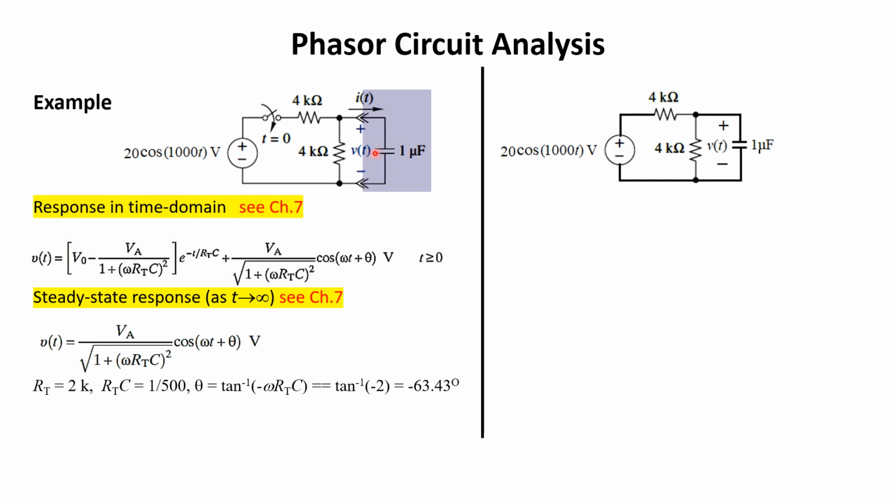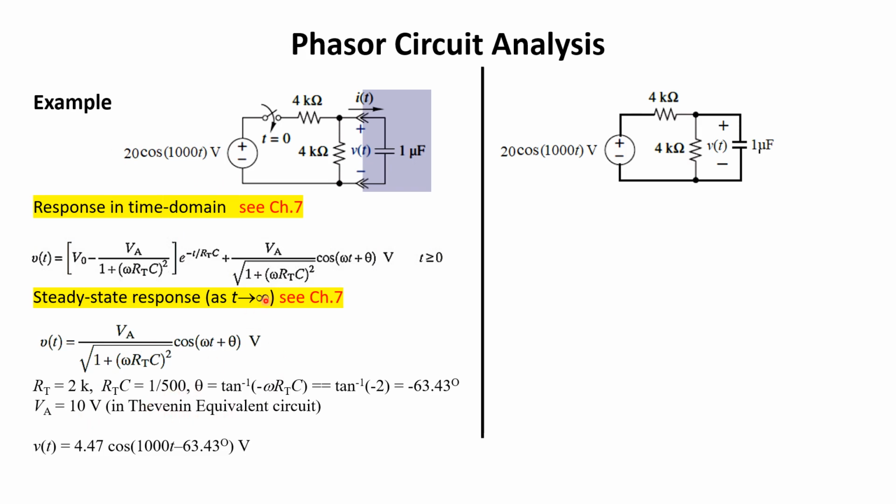And what is the Thevenin equivalent voltage seen by this? Because we have 4K and 4K, it's a voltage divider, so half of the voltage, so it will be 10 cosine. The Thevenin voltage seen by this 1 microfarad capacitor has a peak value VA of 10 cosine 1000t, from chapter number 7.